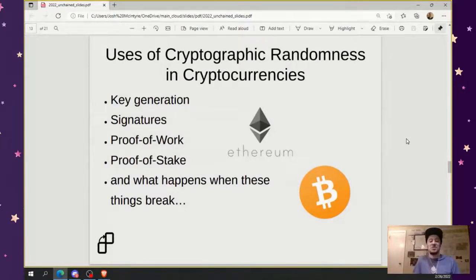That's what allows us to be our own bank, so to speak, is we can hold our own keys. But they're also important for signatures, and they're important for our consensus mechanisms. Proof of work and proof of stake both use randomness at the core to secure the system. And of course, we're going to talk about what happens when these things break, which I think is the interesting part, like why it's so important that we get randomness right for these functions.